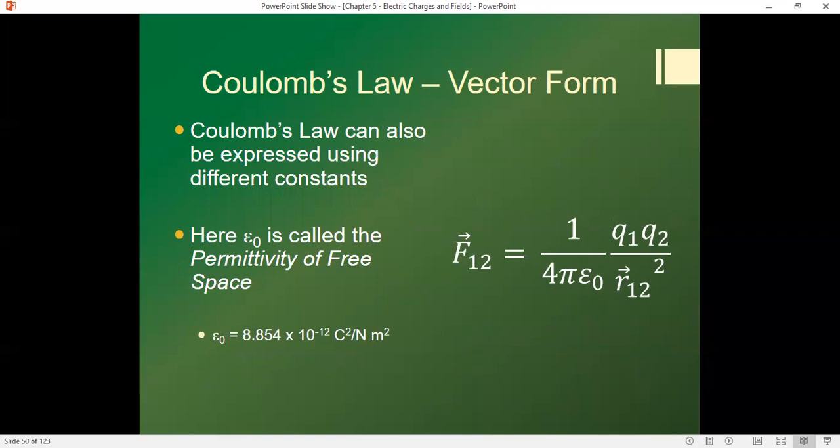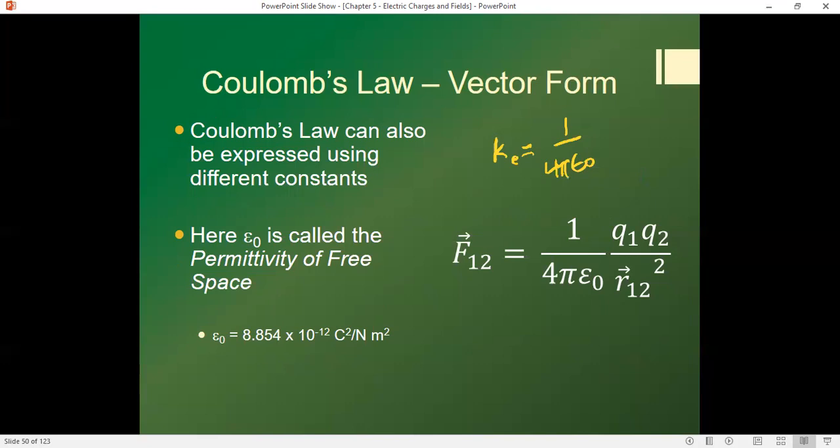Sometimes you'll see Coulomb's law written just a little bit differently. This is where the electrostatic constant is equal to 1 over 4 pi epsilon 0. Epsilon 0 is known as the permittivity of free space, and this constant is commonly used in Gauss's law, which we'll be talking about in the next chapter.